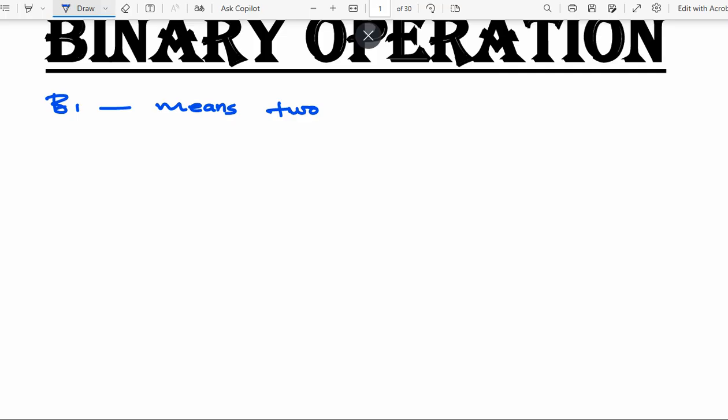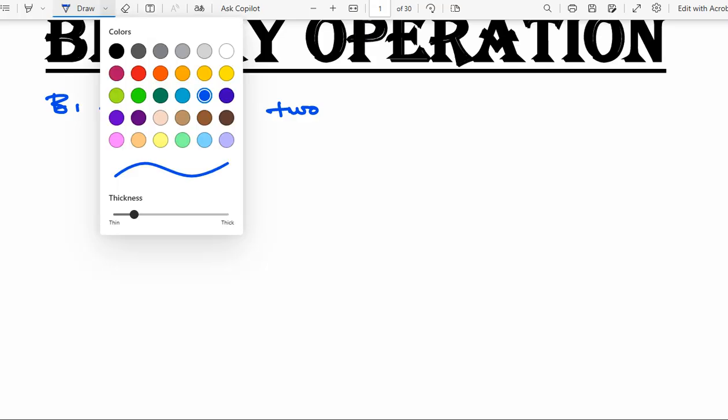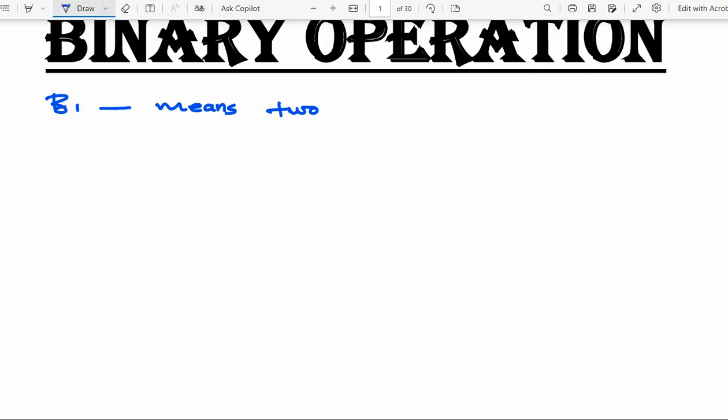So this kind of operation involves two operations being done at the same time. This is an operation which involves operating two things, two operations.